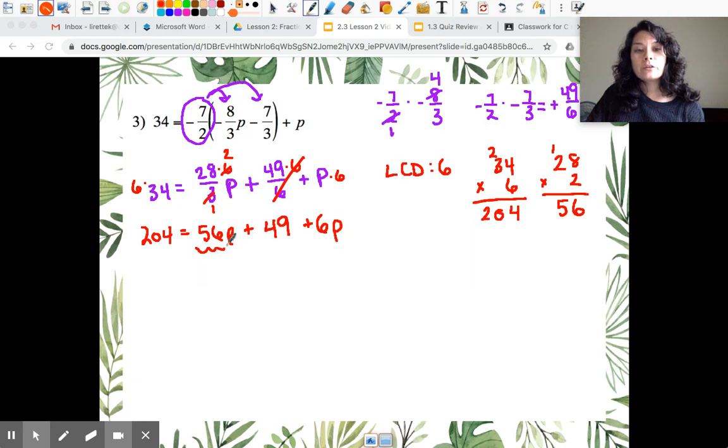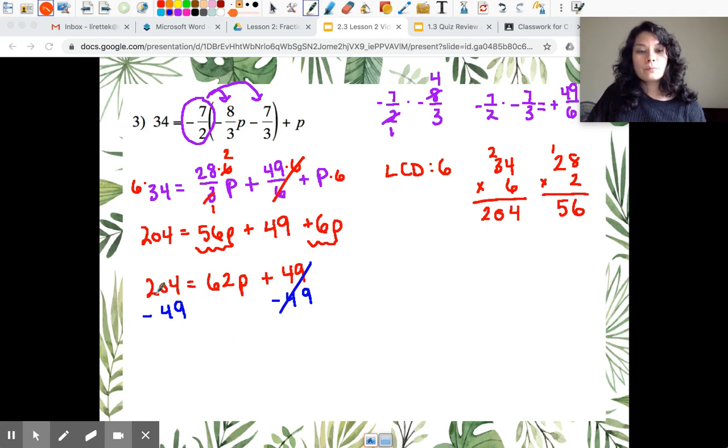I've got two variable terms that I can combine. 56 plus 6 more is going to give me 62. Don't forget, it's got a variable attached. And now I'm going to solve the two-step. I need to undo this constant first by subtracting. These are going to go away.